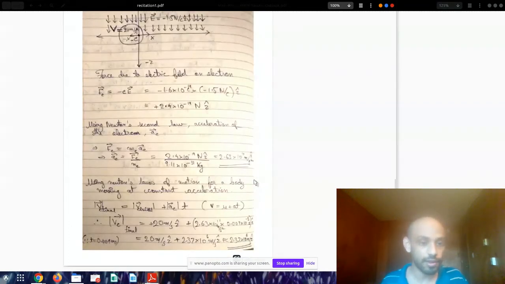So I'm going to do that. So the final velocity is the initial velocity added with the acceleration of the electron times t. So you have v equals u plus at, where u is the initial velocity, v is the final velocity, a is the acceleration, and t is the time for which this electron has undergone the acceleration in the region with the uniform electric field.